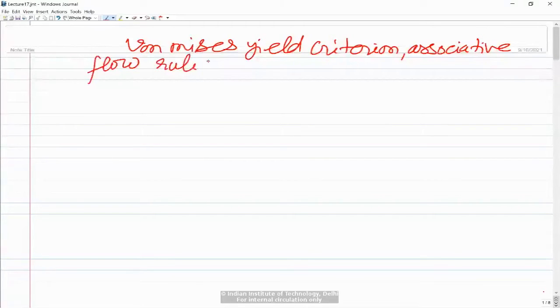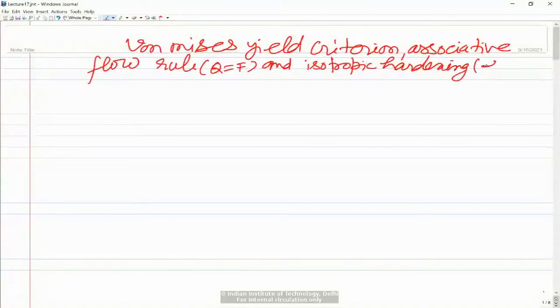That means we have Q equal to F and isotropic hardening. In case of isotropic hardening, alpha is 0, that is, alpha is a null vector. So this is the case we were talking about.